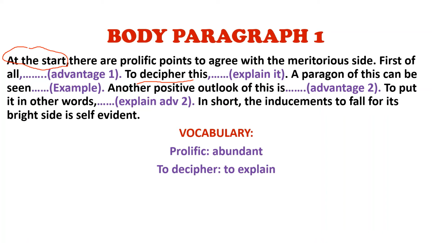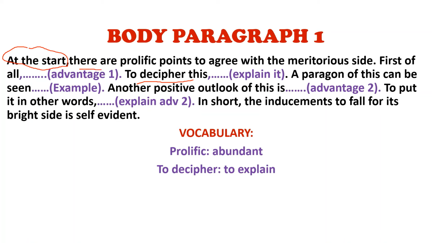If you don't know how to give an explanation, which phrase to use to explain your support point, then do watch our video on vocabulary for IELTS, which is how to explain your ideas. I have shared 10 to 11 phrases that will help you to explain your ideas in a better, cohesive way. So do watch that video. So, to decipher this, to explain this, and then you will explain your advantage 1.